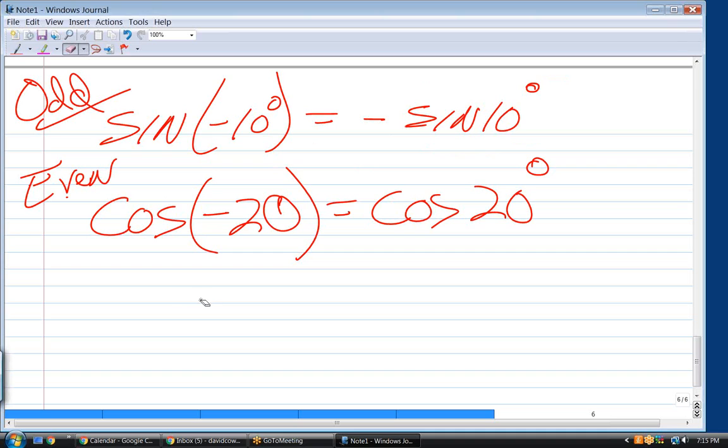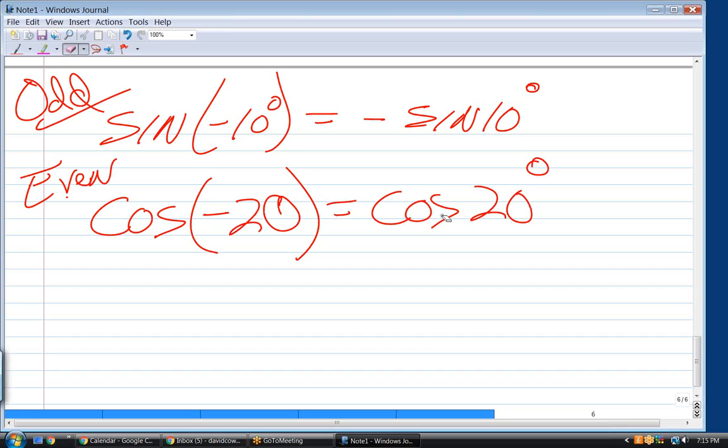Oh, okay. So the angle is not going to be negative. It's just the sine of it that is negative, the number of it. Yes, exactly. There's a big difference between having that negative sign out front and having it in front of the degrees. It's exactly the same for sine, but it's not that way for cosine. Notice, cosine of minus 20 is the same as the cosine of 20.